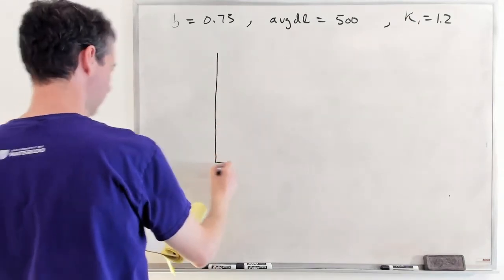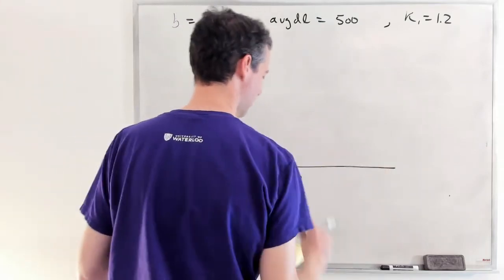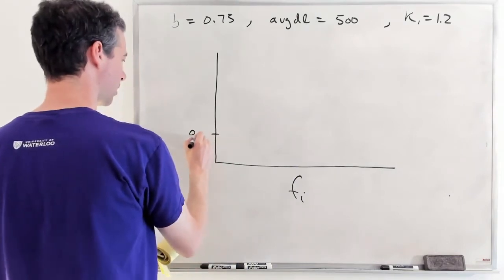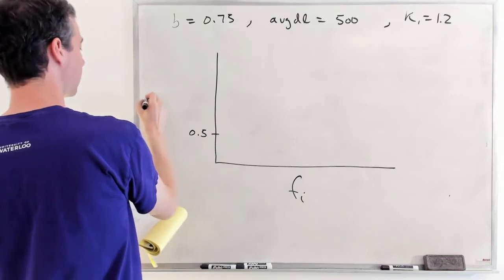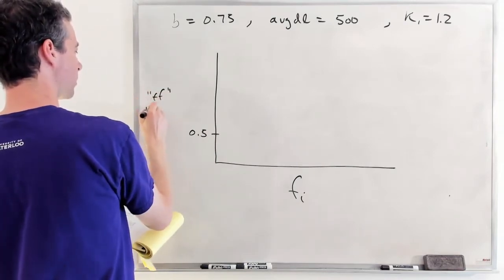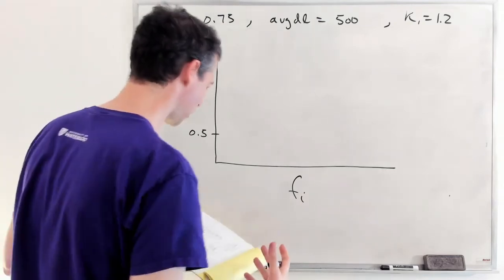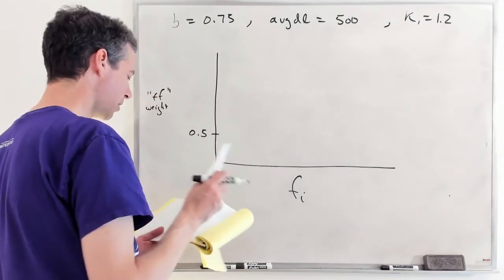F sub I is the number of times the word appears in a document. This is the TF weight, so to speak, that we produce, the first component of BM25.